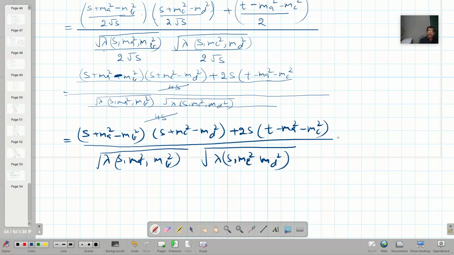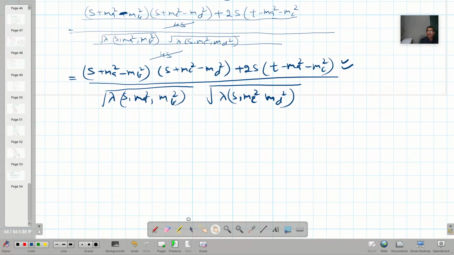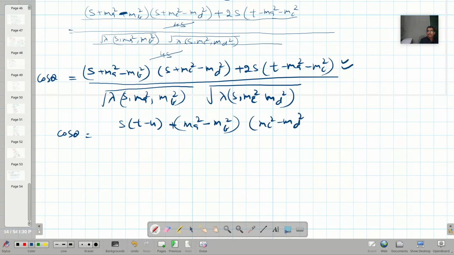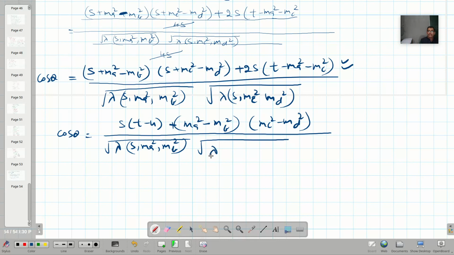So this part simplifies to, therefore cos theta can be written as s(t minus u) plus (ma square minus mb square)(mc square minus md square) whole upon lambda (s, ma square, mb square) under the root and lambda (s, mc square, md square) under the root, right?